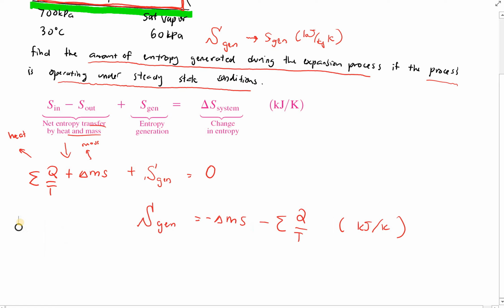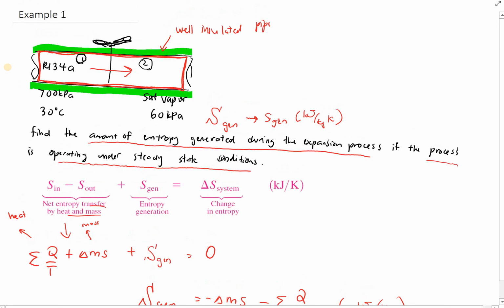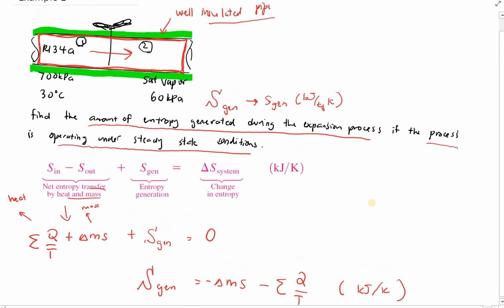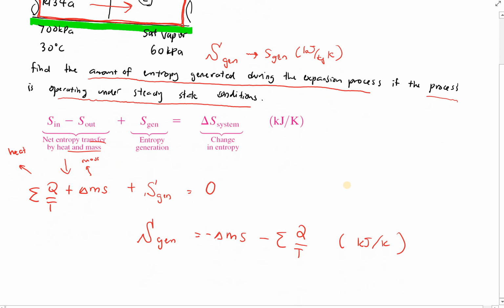Do you have any entropy because of heat transfer? Of course not. How do you know that? Look at the diagram. It says that it's a well-insulated pipe, so no heat coming into your system or going out from your system. So this part becomes 0.